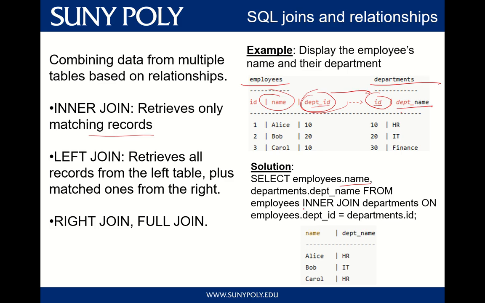So from employees, and the inner join with departments, the other table, and we need to specify how we're going to do the join. Our keys will be the department ID from employees and the ID from the departments table. Once we do that, this is the output that we get. We get a table with the name and the department. So this is a simple join, an inner join in this case.